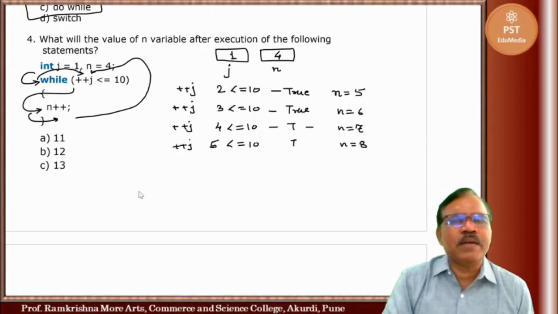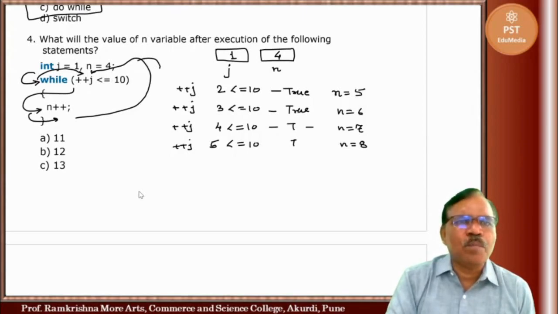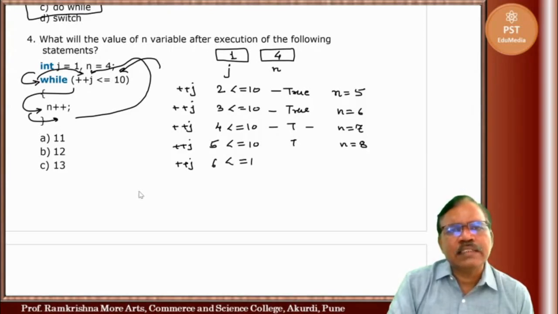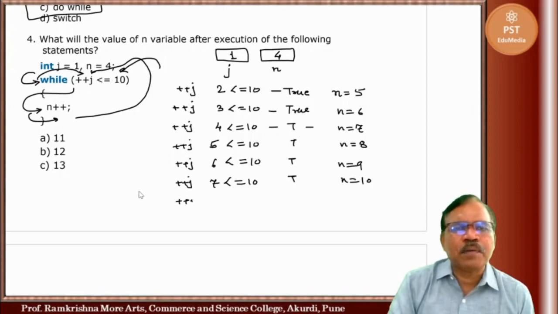N will become 8. Then it will go back again. So plus plus j means j will become 6. Less than or equal to 10. True. It will go in the loop. N will become 9. Then it will go back. Plus plus j, j will become 7. Less than or equal to 10. True. N will become 10. Then it will go back. Plus plus j. 8.